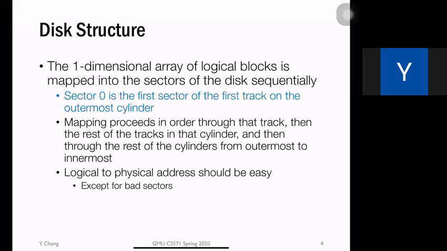And sector 0 is the very first logical block of the first track of the outermost cylinder. So you don't have to understand all these terminologies yet, because in the next couple of slides we're going to go through them one by one: cylinder, platter, track, and so on. Okay.